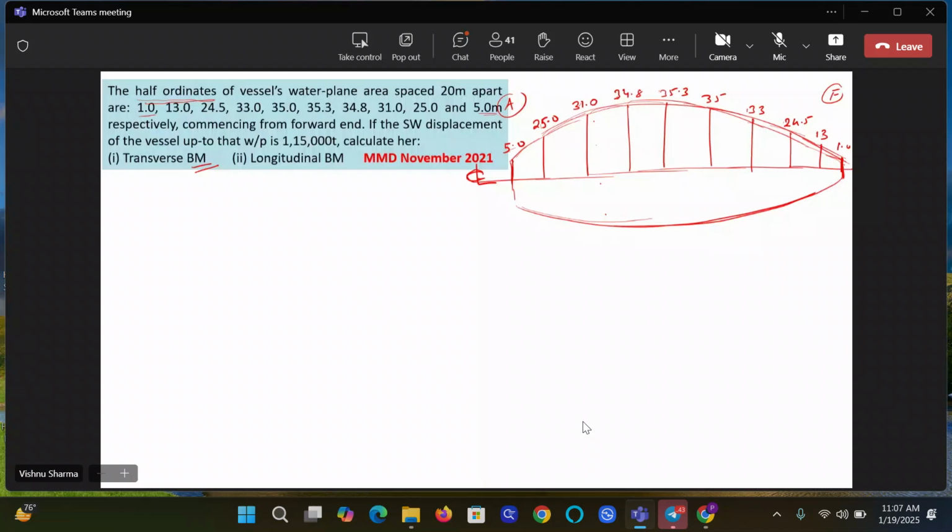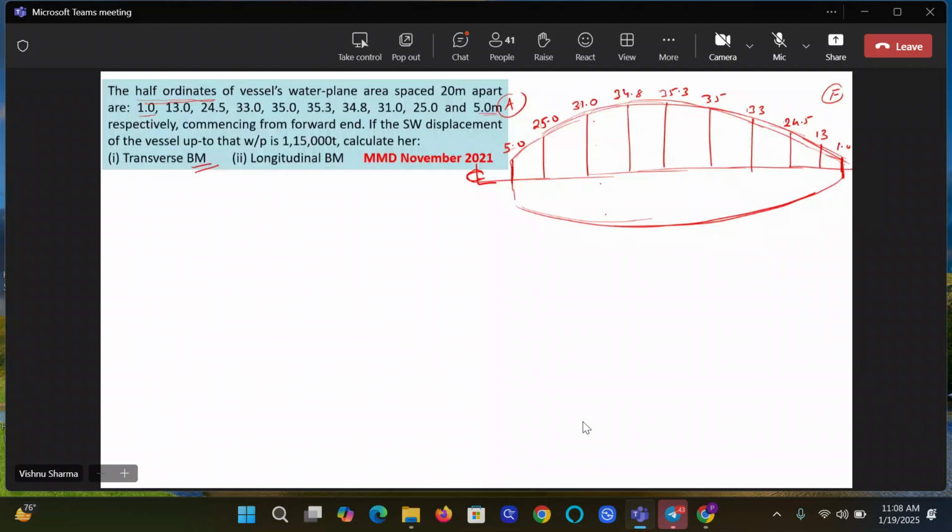You will calculate the moment of inertia of half the area and double it, like we did for the triangle when we divided it into two triangles. A while back, we divided the big triangle into two, and we multiplied the moment of inertia of the half triangle by 2. This will give us the moment of inertia of the half water plane about the center line. Am I right?